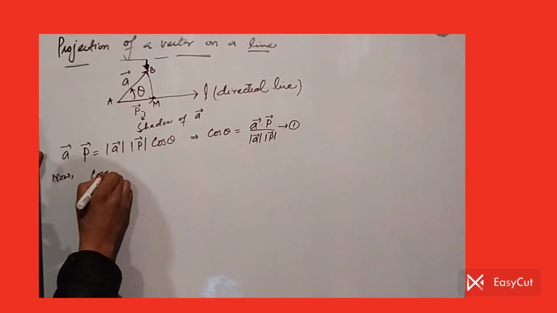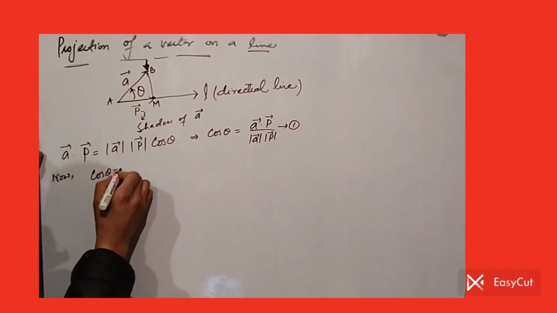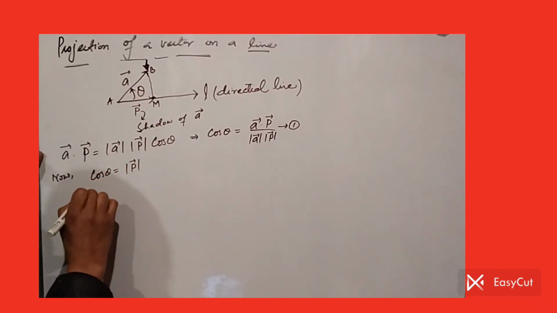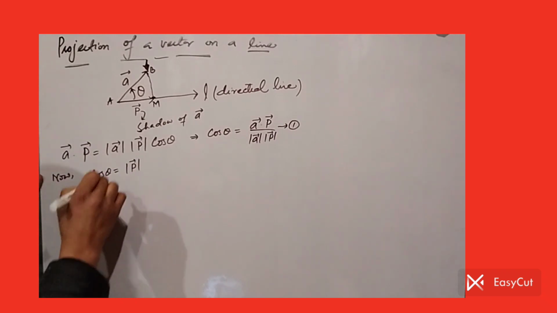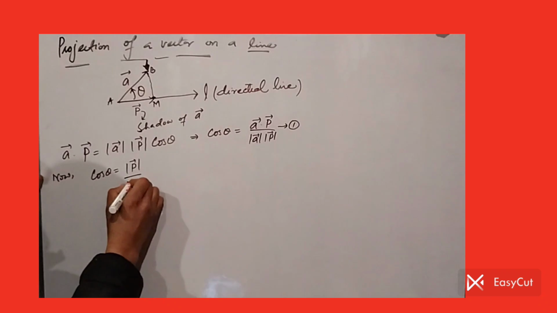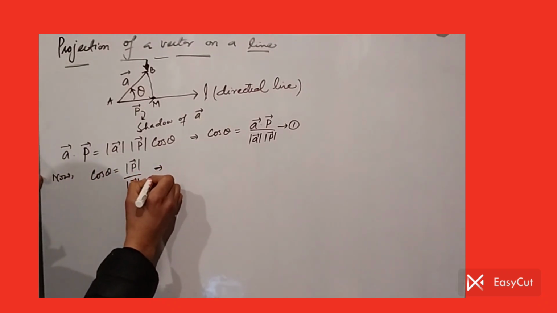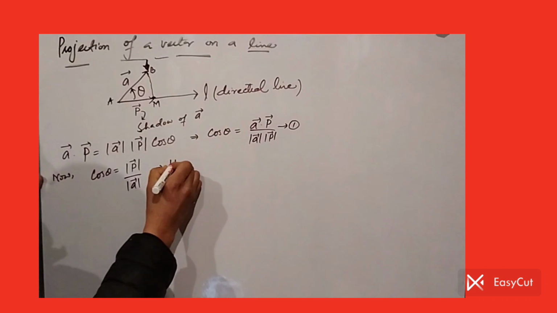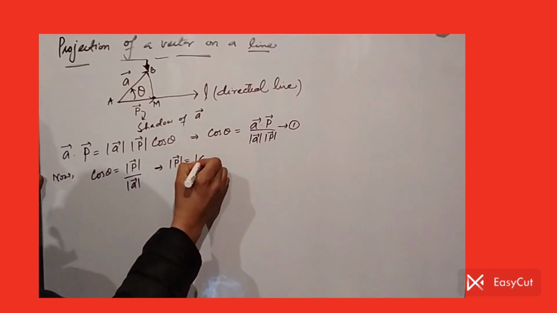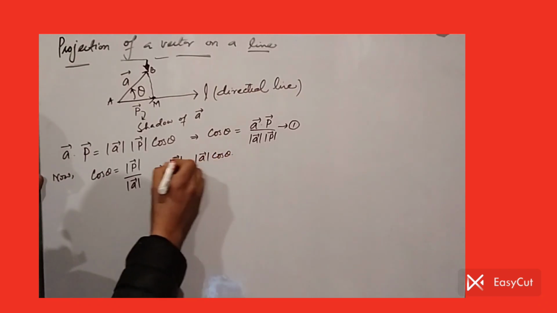So cos theta is equal to magnitude of p divided by magnitude of a, which implies magnitude of p is equal to mod a cos theta.